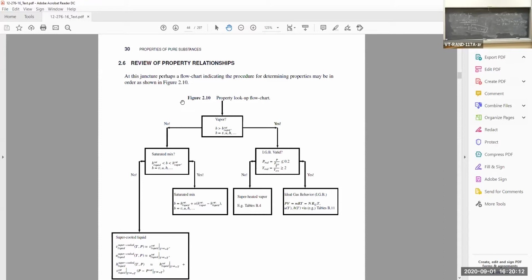If you look at the very back of the notes in section 2.26, you'll see a review of property relationships. So how does this chart work? You start with the top, and you ask yourself whether the material is some kind of a vapor.